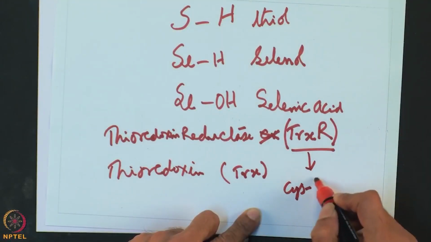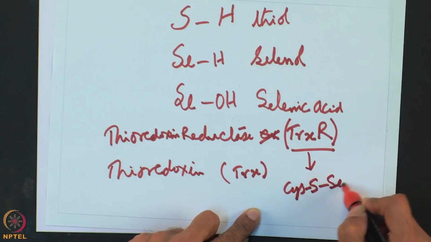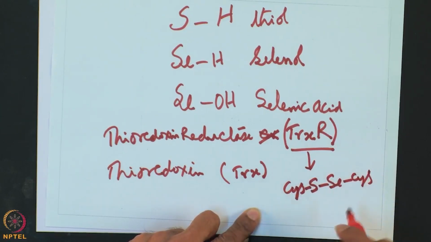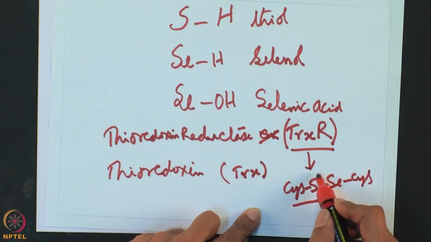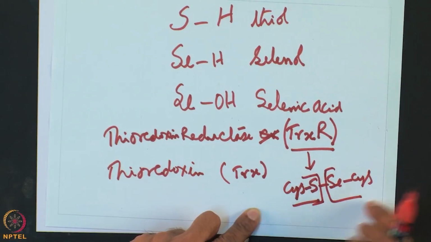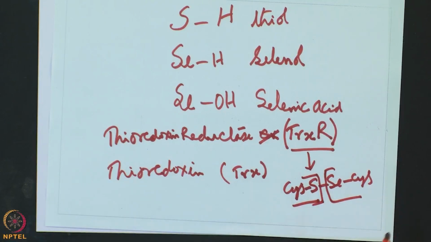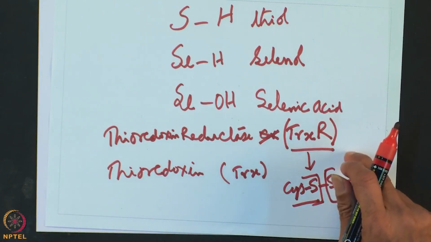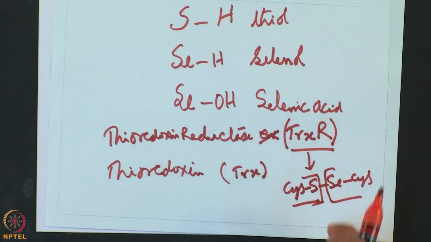So, this is not a typical disulfide S-S. One counterpart is sulfur, the other counterpart is selenium. This is what is present in the thioredoxin reductase, which is involved in reducing the disulfide present in the thioredoxin, and this in turn is coupled with the protein disulfide bond breakage activity.